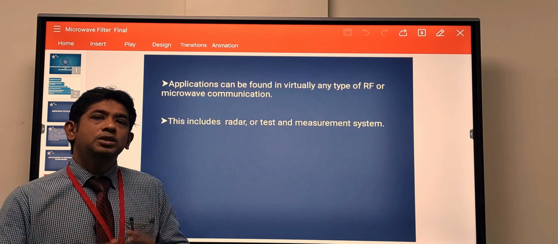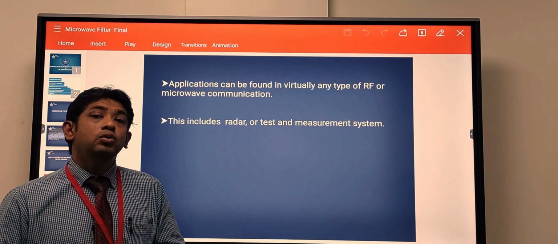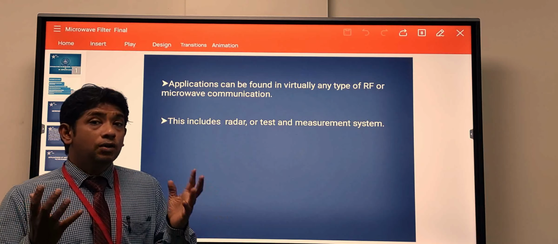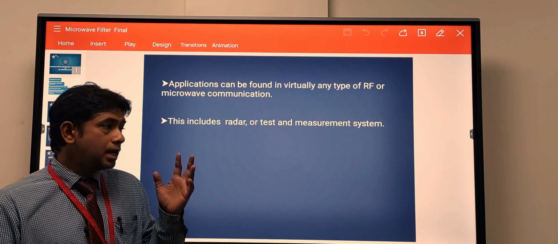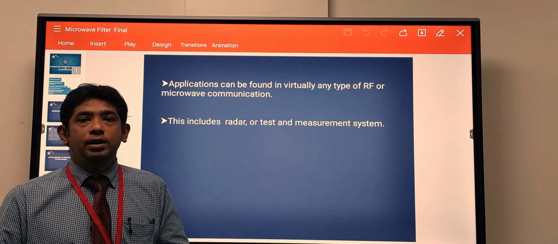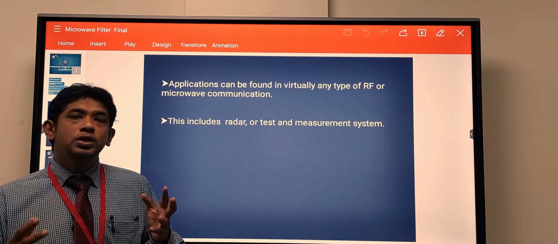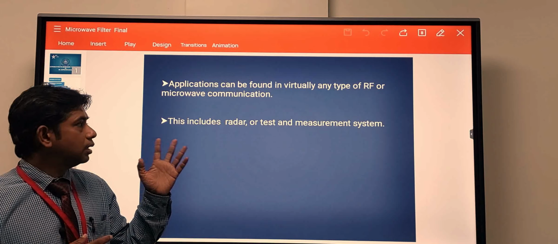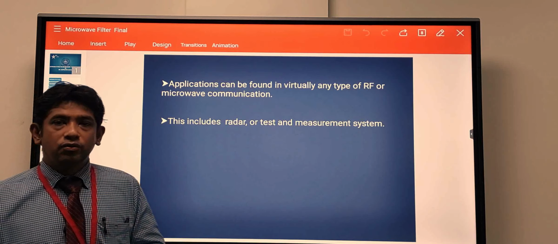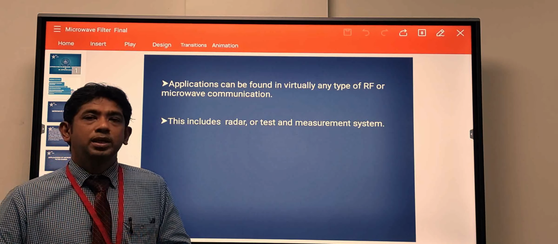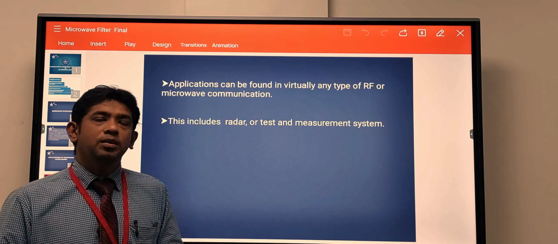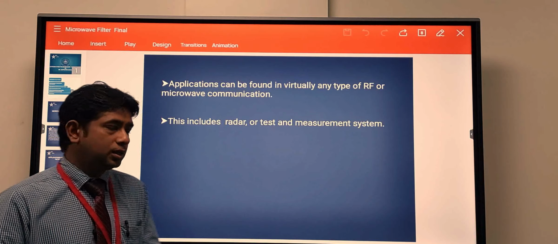Transformations are then applied to convert the prototype design to the desired frequency range and impedance level. So this is all about the particulars of microwave filter design, and we are going to see some of the basic methods of this procedure.